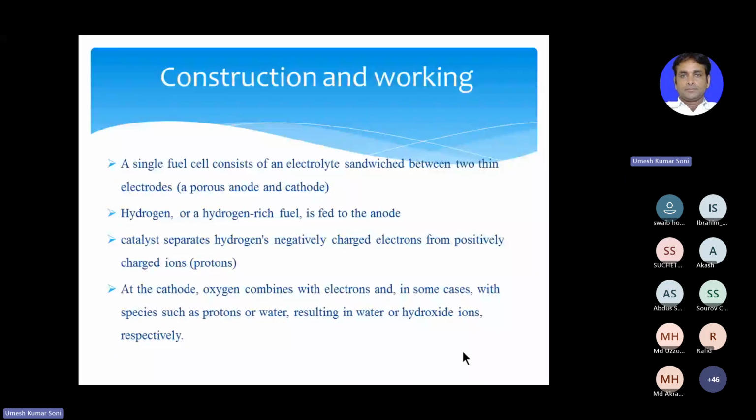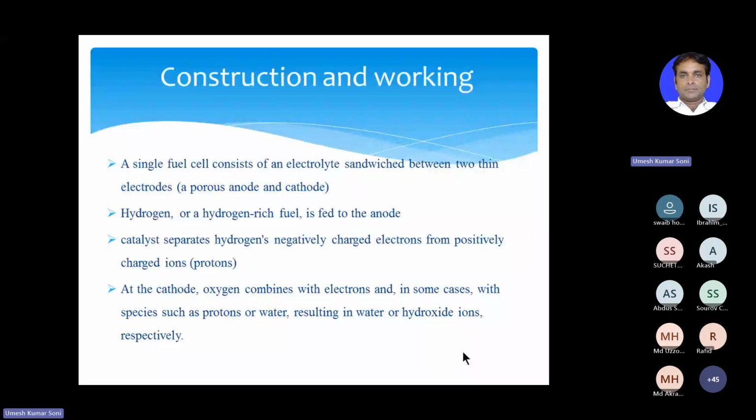So here we see the construction and working of the fuel cell. Fuel cells have mostly the electrolyte sandwiched between two thin electrodes, and these electrodes are porous. Means when we give the hydrogen and oxygen, they are easily accessible to the electrolyte portion.